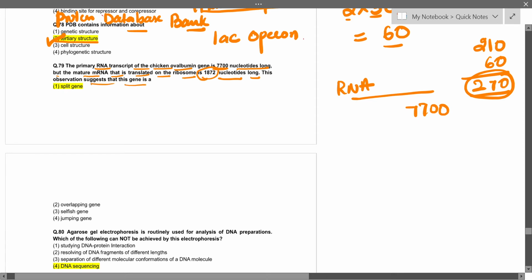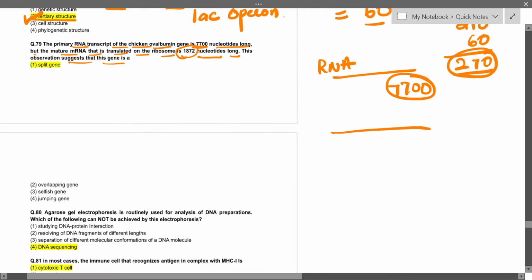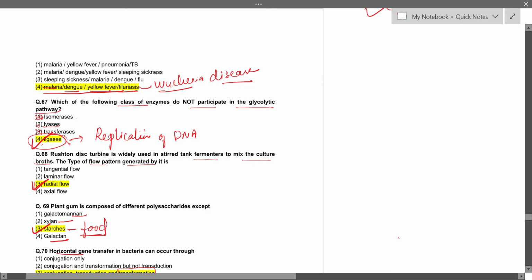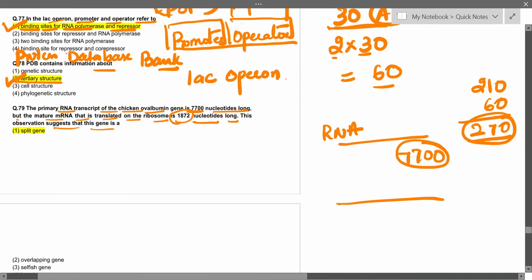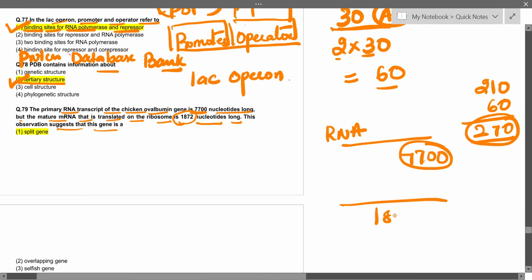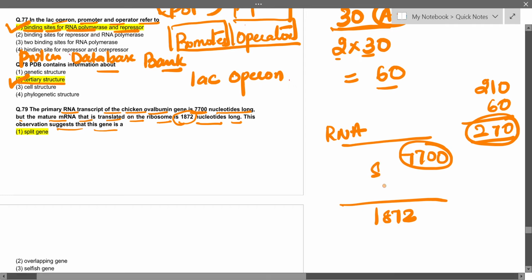So the primary transcript has 7700 nucleotides, and the mature mRNA, after post-transcriptional modification, has just 1872 nucleotides. That means what happens is there is a process called splicing.